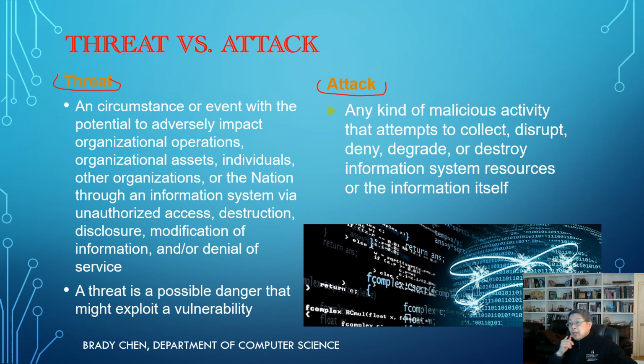So, threat is a circumstance or event with the potential to adversely impact organizational operations, organizational assets, individuals and other organizations, or the nation through an information system via unauthorized access, destruction, disclosure, modification of information, and the denial of services. Okay. A threat is a possible danger that might exploit a vulnerability. So a threat is not something that happened, it's a potential.